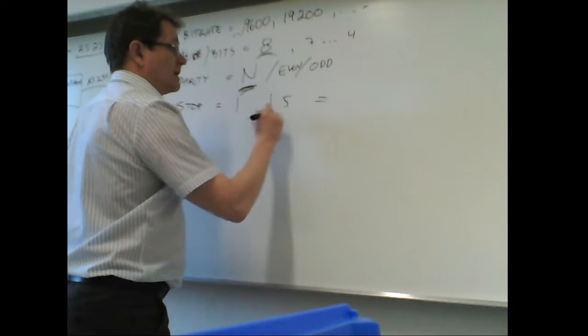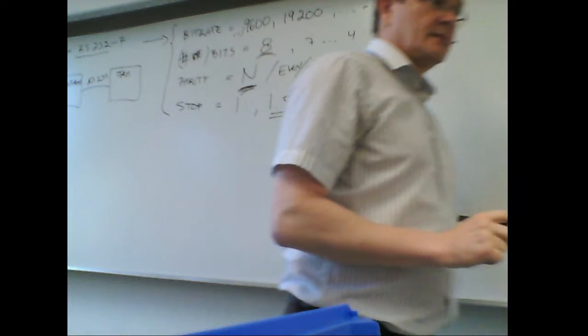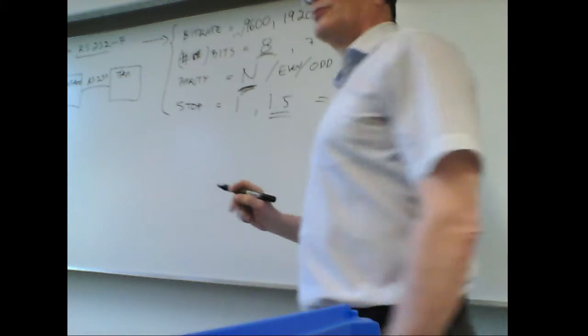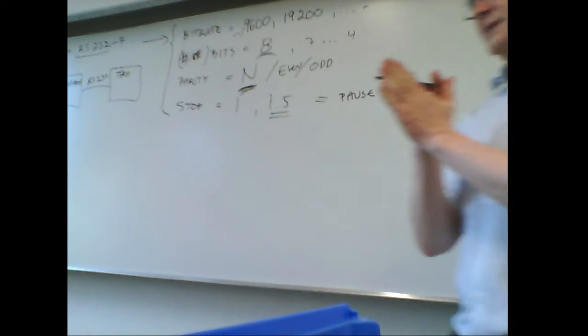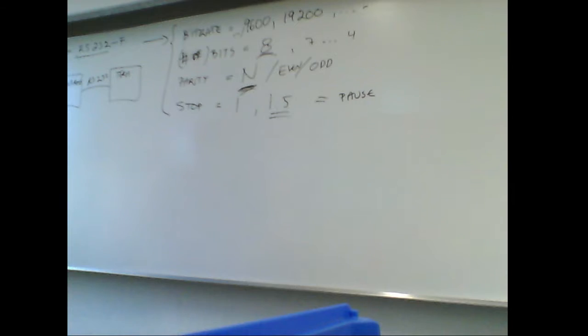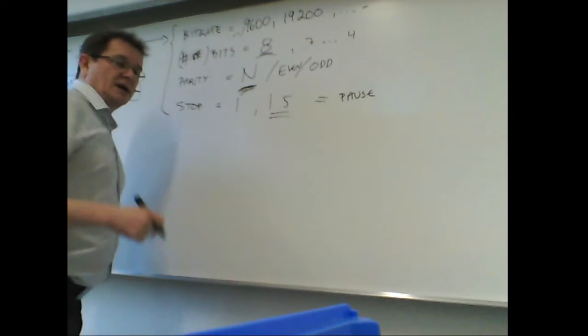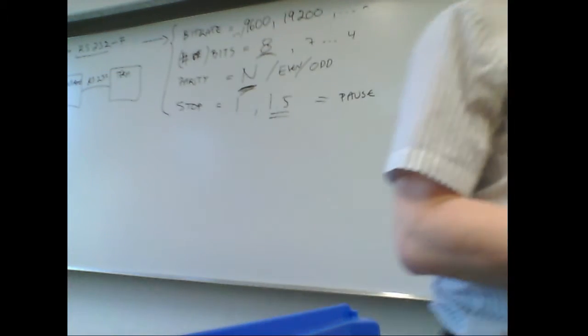And how do you make 1.5 bits? Well, this is actually just a pause, how long a pause you can have in between two transmissions. But one is just enough most of the time.